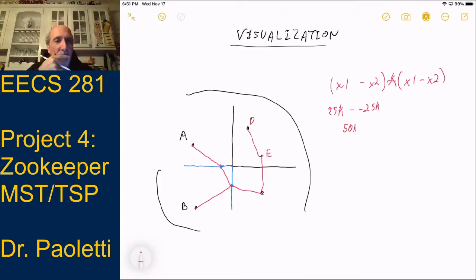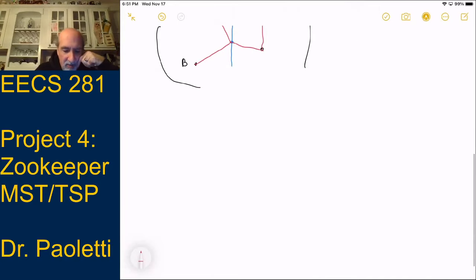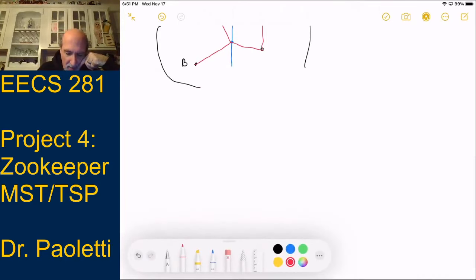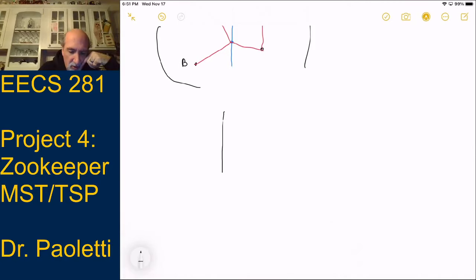Now let's go back to what MST should we be thinking of this as? What we really need to know is, is this graph dense or is this graph sparse? All right, well, what if I had a graph like this? I'm just going to draw the axes in one color so I don't have to do too much there.